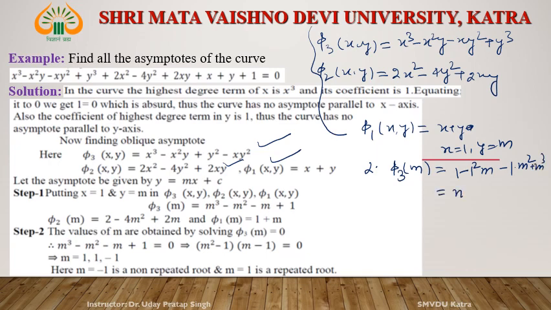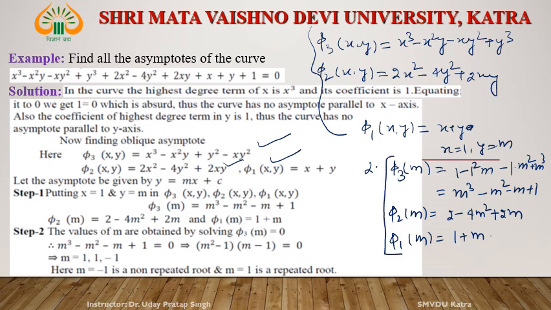It means m cube minus m square minus m plus 1, right? This is phi 3 m, and phi 2 m is equal to 2 minus 4m square plus 2 into 1 into m, and phi 1 m is equal to x plus y, where x is equal to 1 and y is equal to m. This is phi 3, phi 2 and phi 1 of m, right?